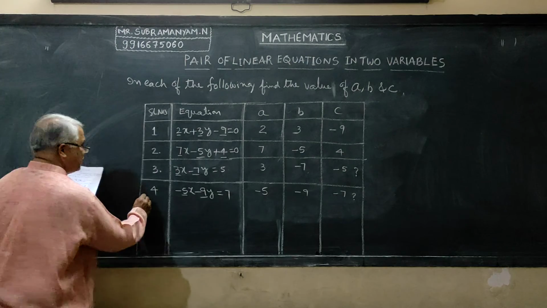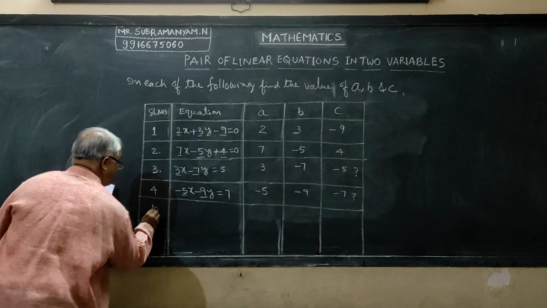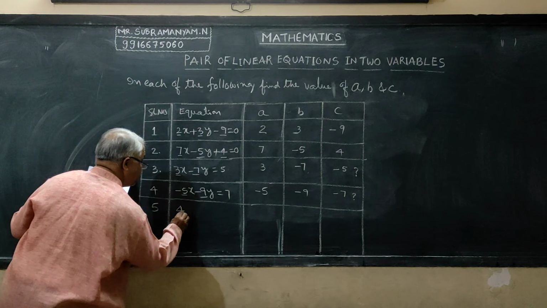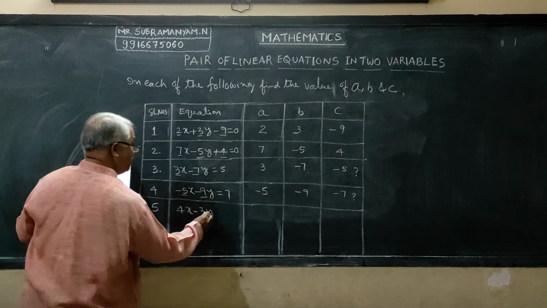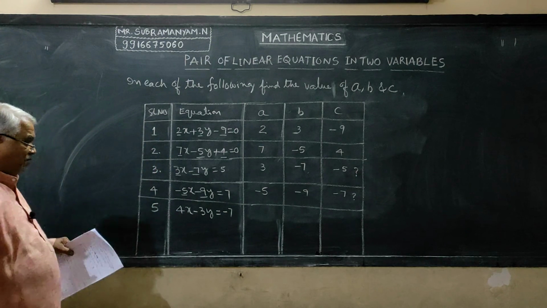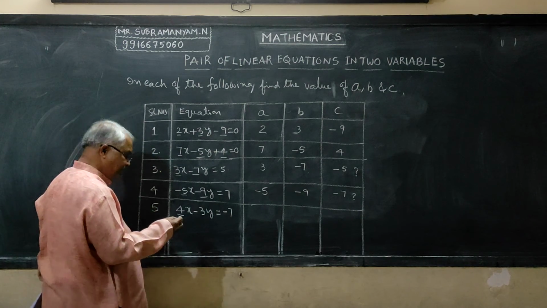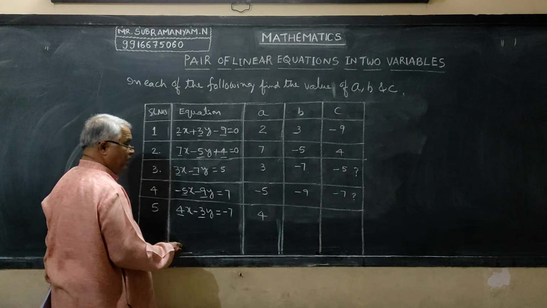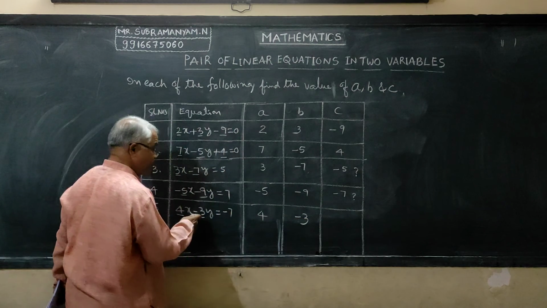Next, another equation we will take. Fifth equation: 4x minus 3y equal to minus 7. Now again, this is the value of a. This is the value of b, minus 3.